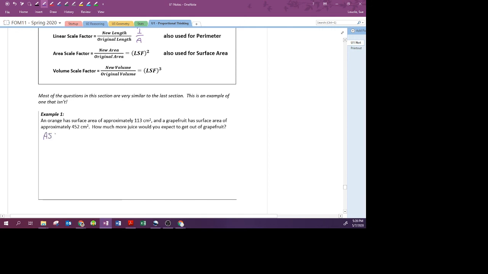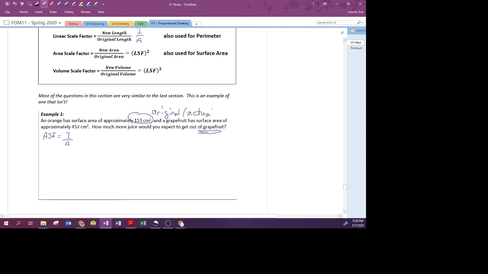So the area scale factor is the image over the actual. And because we're looking for information on the grapefruit, we're going to call the orange the original, the actual.